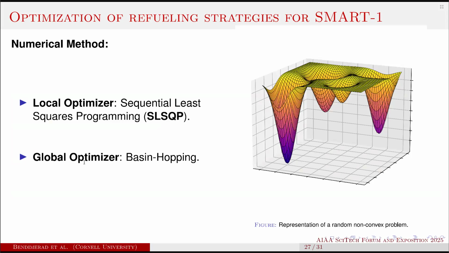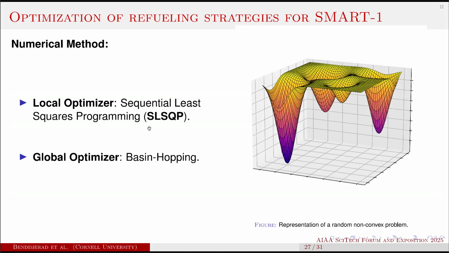So this problem is non-convex, which means that it has many local minima. And for this, we need to use a local optimizer. In this case, we use the sequential least squares programming, SLSQP. And this local optimizer can only find local minima. So we need a global optimizer.